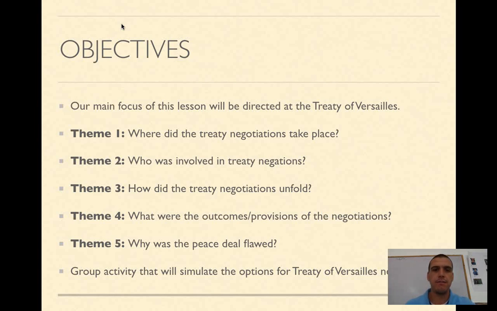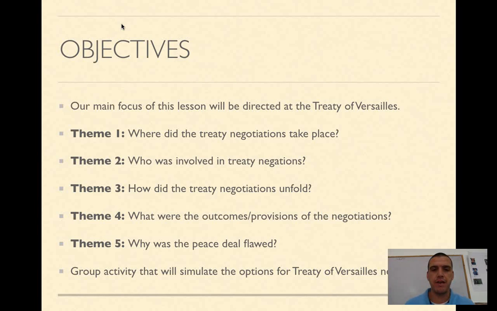The third theme: how did the treaty negotiations unfold? Theme 4, another very important theme that we need to discuss: what were the outcomes and provisions of the negotiations? So what did the Treaty of Versailles do? Again, this would have serious ramifications for the future of Europe and the world.